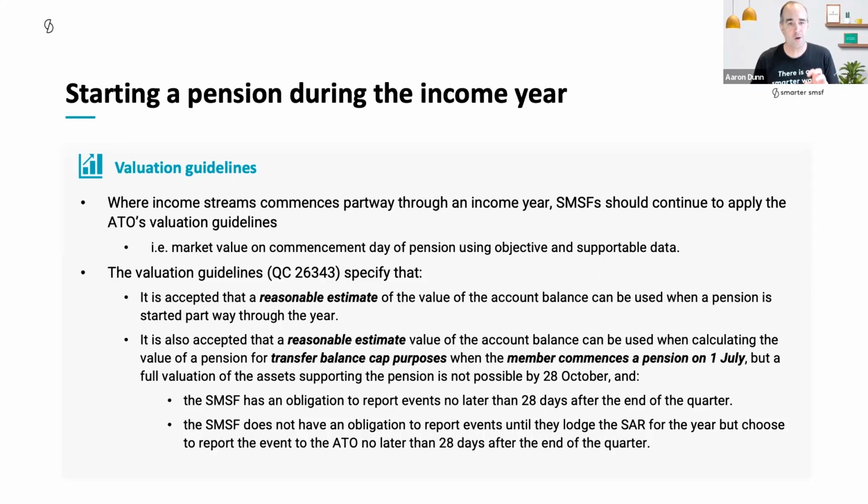And what the ATO says is that you can use a reasonable estimate here. That reasonable estimate of the value of the account balance can be used when we're starting a pension throughout the year.